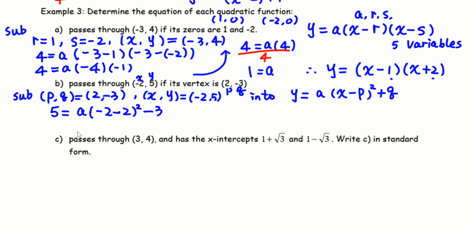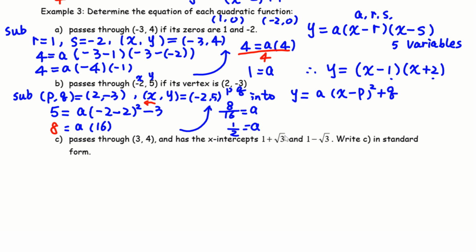Then we move the -3 to the other side, it will be +3, so it will be 8. Then 8 equals a times (-2 minus 2), -4 squared gives you 16. Then move the 16 to the other side, it will be divided by 16. Then the lowest form, typed into your calculator, is 1 over 2.